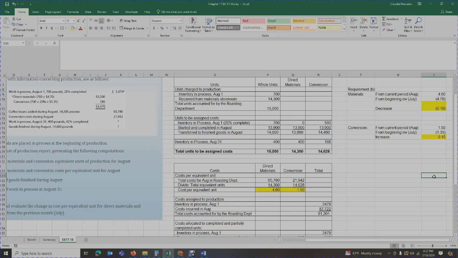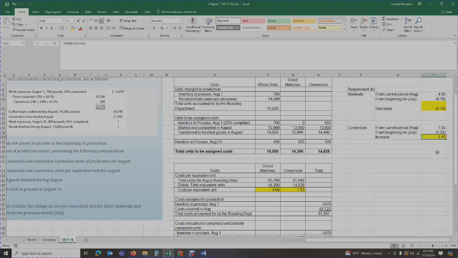So based on this information, now management needs to investigate what is causing the increase in the conversion cost. Why did my conversion cost per unit increase by 15 cents? That impacts the bottom line. So we need to figure out what is causing that shift, so we can improve our process here.